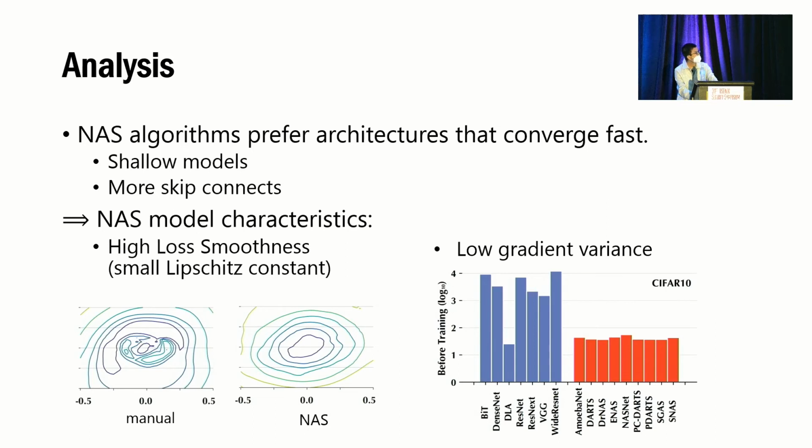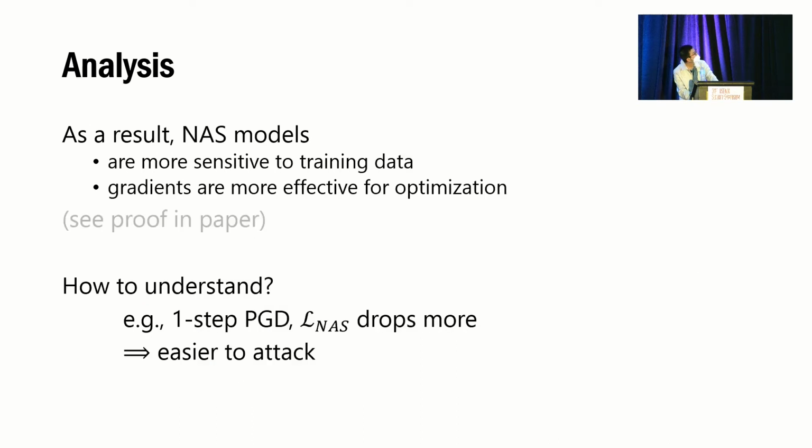And from the bar chart, we can also tell that human-designed models have larger gradient variance than AutoML models. So as a result, based on those two characteristics, we can prove that NAS models are more sensitive to training data, and the gradients are more effective for optimization.